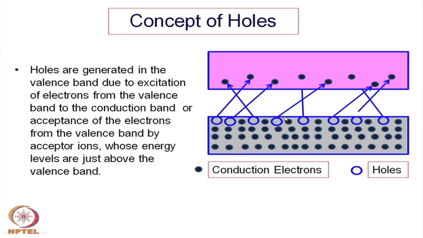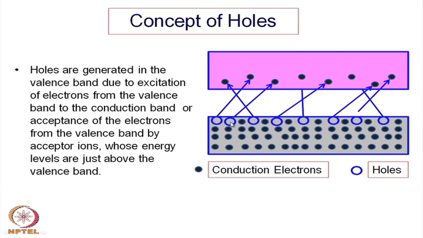This is the top of the valency band, and there if you have some ion in the solid, mostly an impurity ion in the same host material whose electron affinity is much larger than the host material, then it will accept some of the electrons from here to the next level. It will attract some electrons, and by that process you will also get some holes generated. So, there are two ways by which holes can be generated in the valency band.